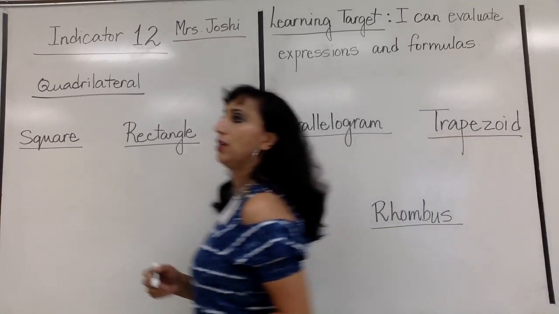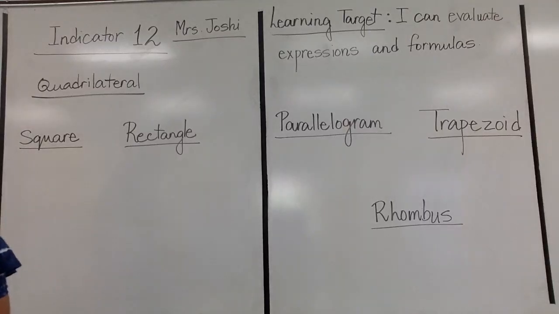Okay, so we're going to deal with these right now. So a square is obviously a shape where all 4 sides and all 4 angles are congruent.